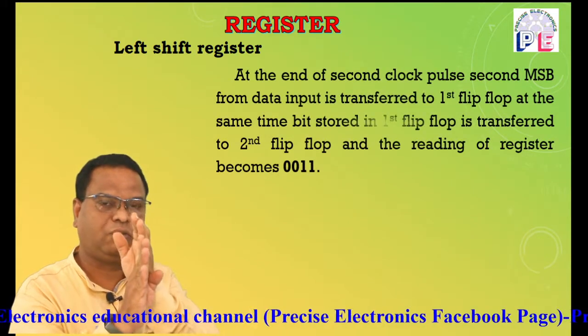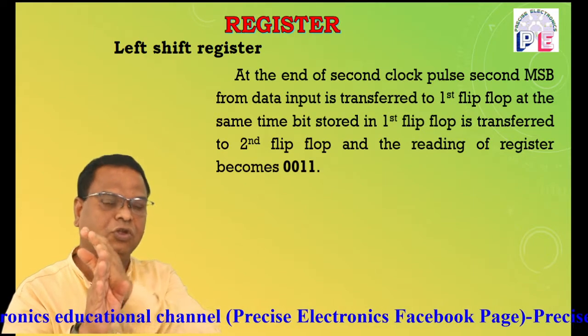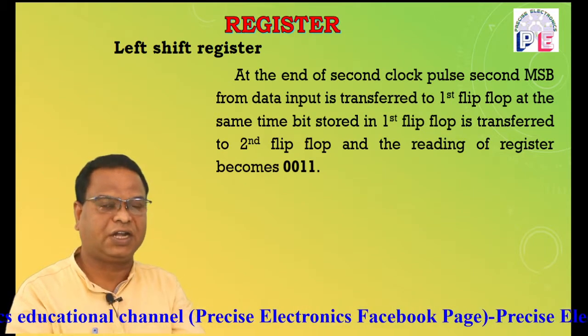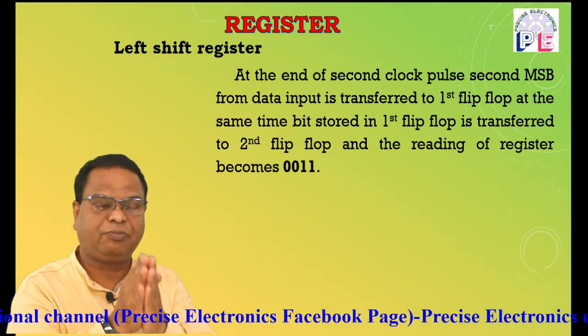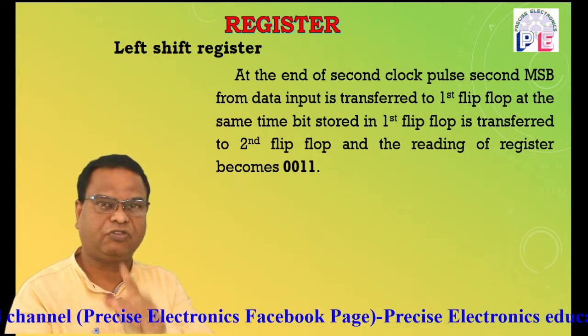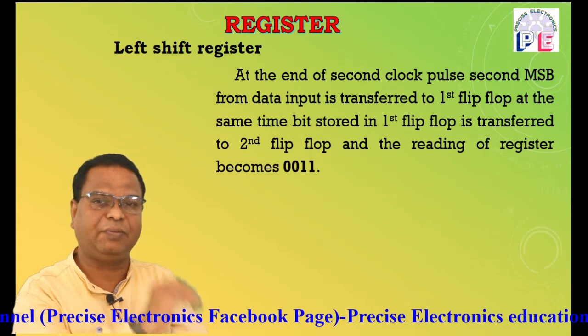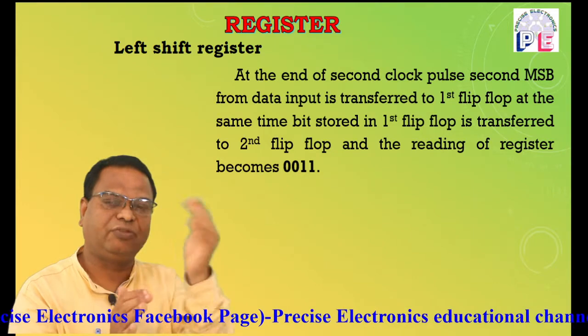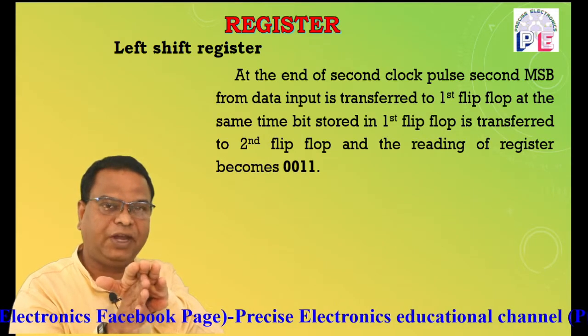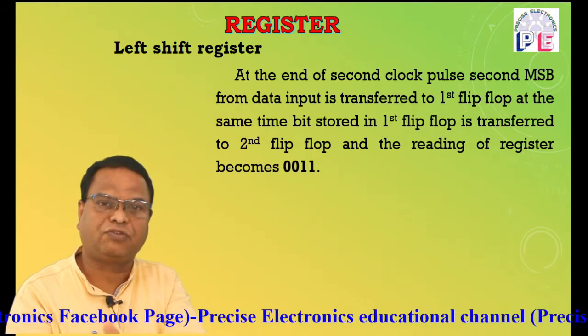Next, when the next pulse is applied, at the negative edge of the second clock pulse, once again the bit stored in the first flip-flop is shifted to the second, while the next bit from the data is shifted to the first flip-flop. The next bit from the data is 1, because the input is 1101: the first MSB is 1, the second MSB is 1, and the next bit is 0. So that next bit, 1, is shifted to the first flip-flop.